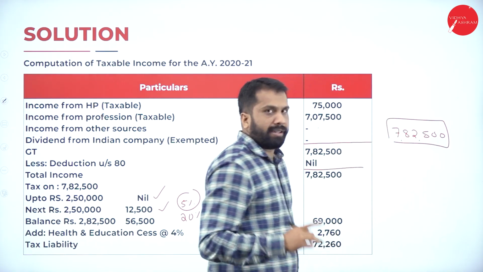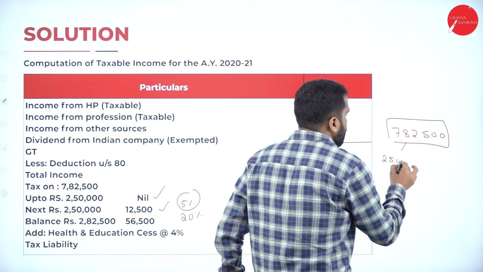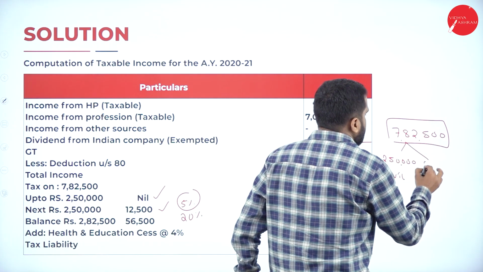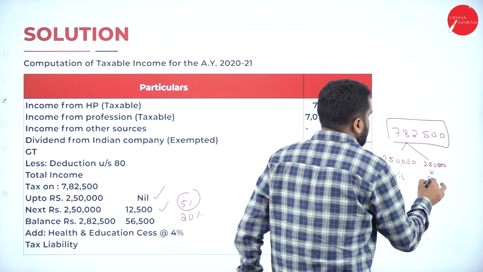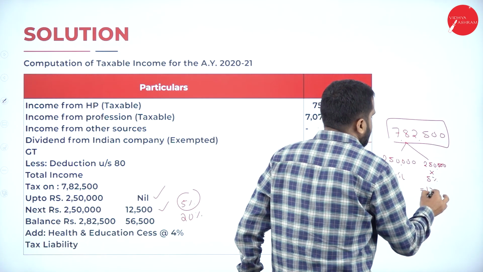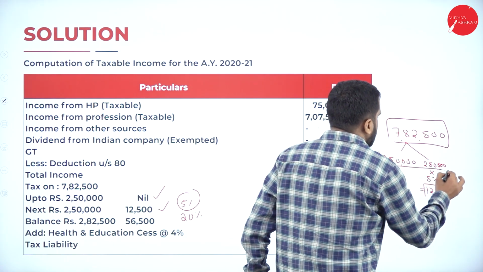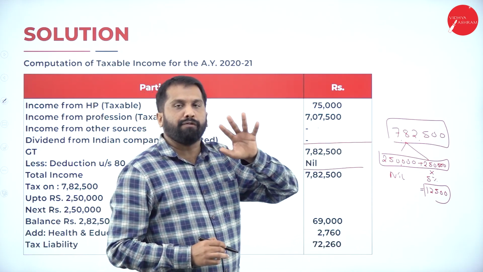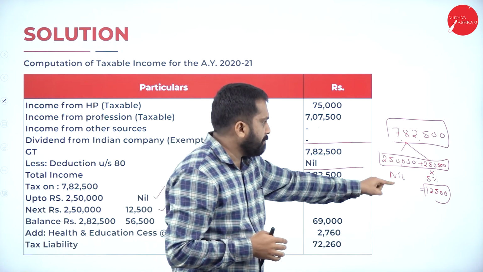How to calculate? Remember, first 2,50,000 nil. Balance 2,50,000, 5%. So it is 12,500. So how much is over? Out of 7,82,500, 5 lakh is over: 2,50,000 nil, balance 2,50,000 at 5%.